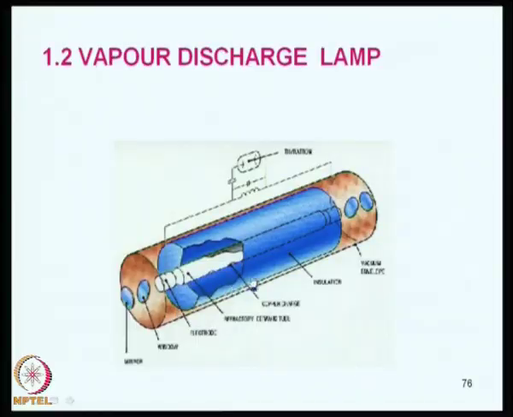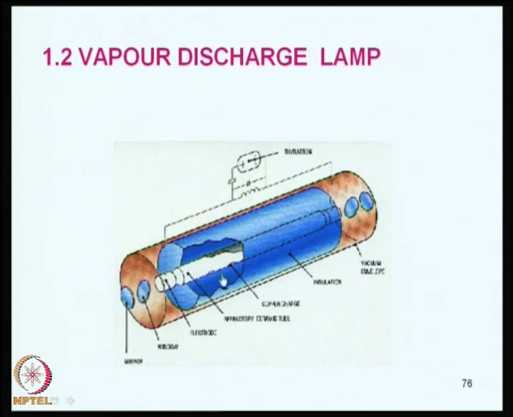We were discussing vapor discharge lamps as a source of radiation in atomic absorption spectrometry, and I had shown you this slide in my last class. This is a very simple arrangement where the connectors are here.